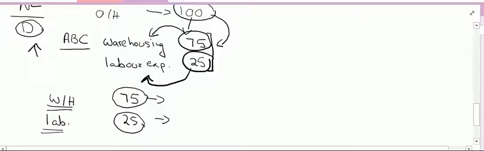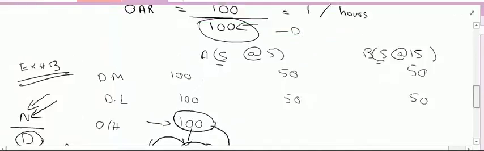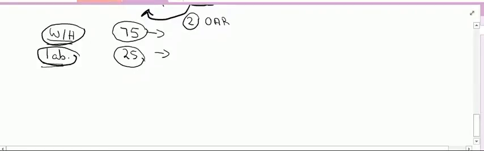So what I do is calculate two overhead absorption rates, one for warehousing and one for labor. How can I do this? In our example, we are producing 5 units of A and 5 units of B. We can say that the OAR for warehousing should be 75 divided by 5 plus 5, which is 10 units, or 7.5.